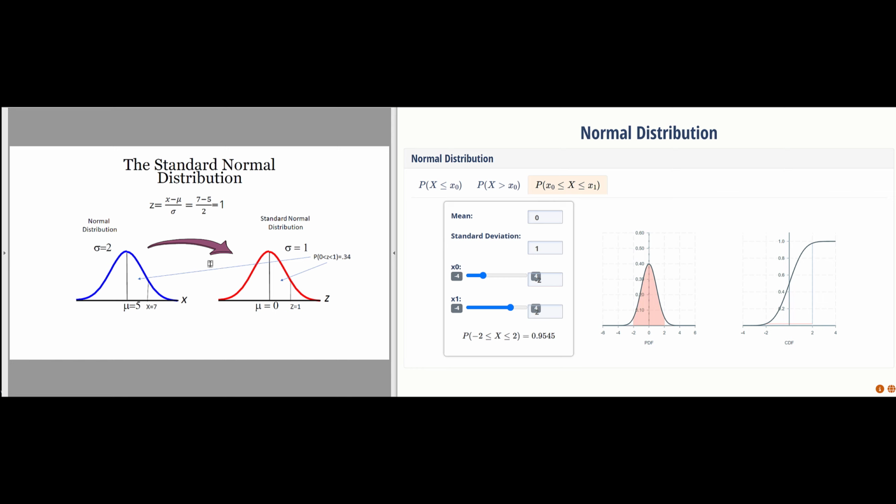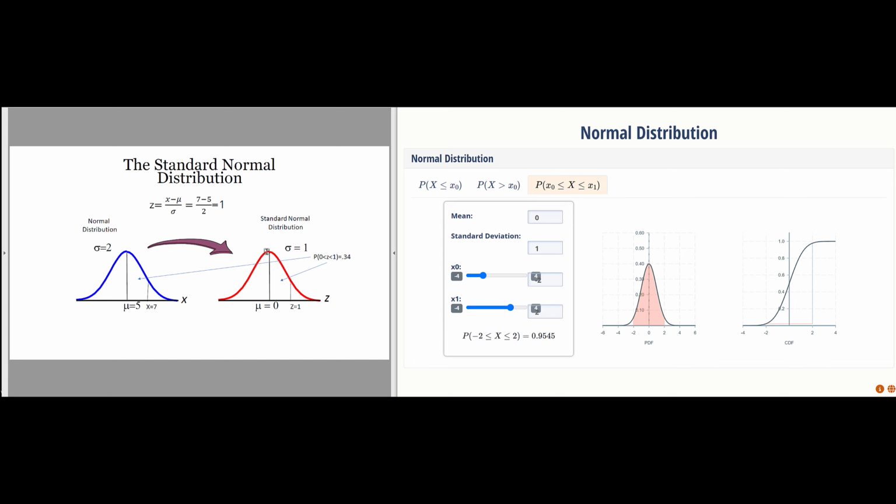All right, now you may find yourself working with a normal distribution that is not of the standard shape with a mean of 0 and standard deviation of 1.